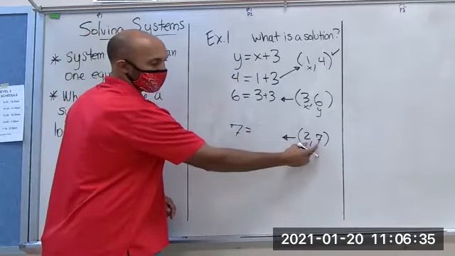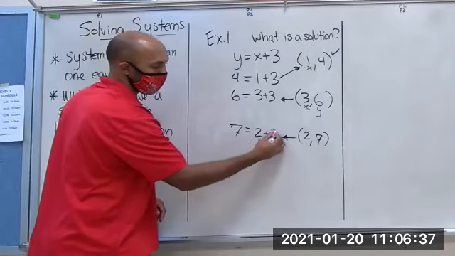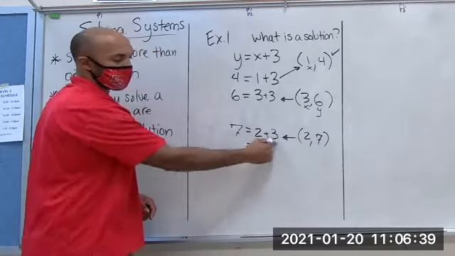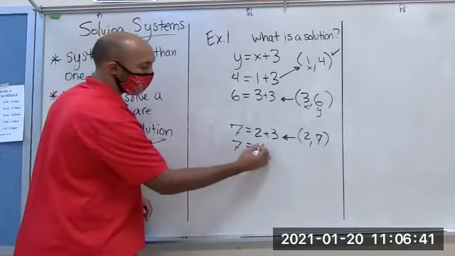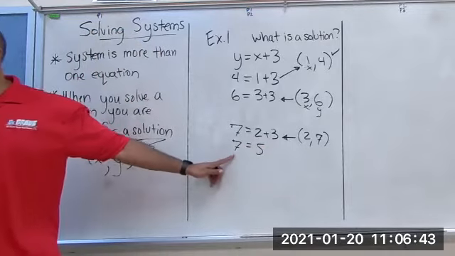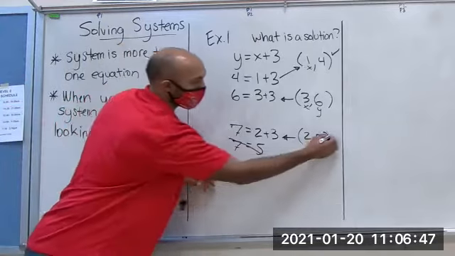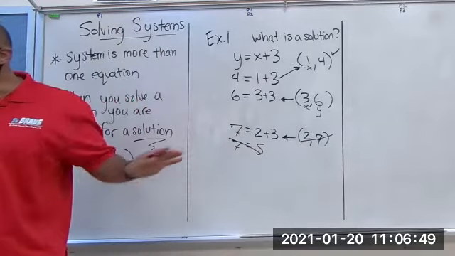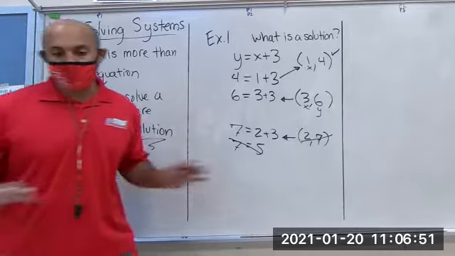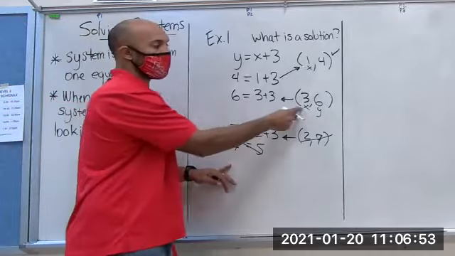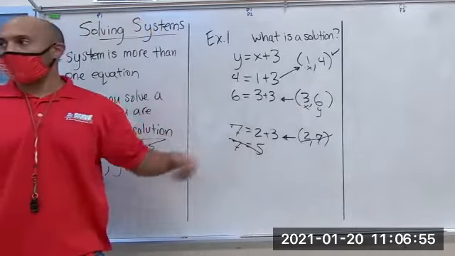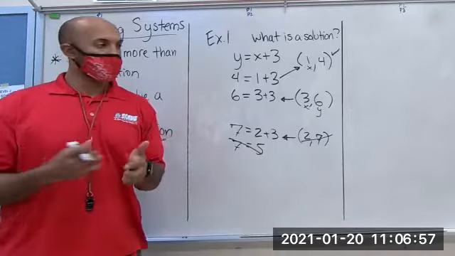You gotta put that number in there. Now, what's 2 plus 3? 5. Does that work? It doesn't work, right? That is not a solution. These are solutions because if I put the numbers in, we're good. Okay, does that make sense?